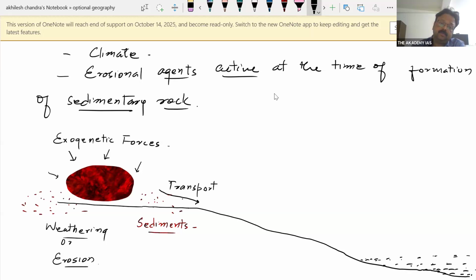And the transporting material coming over there.